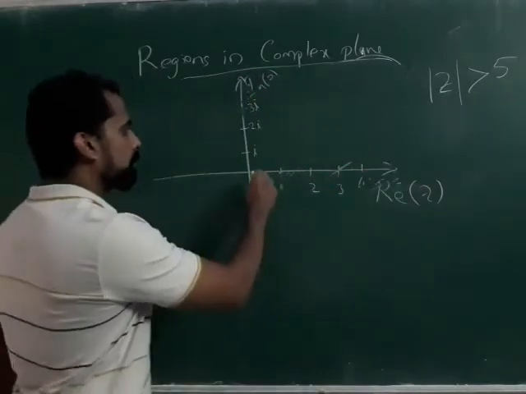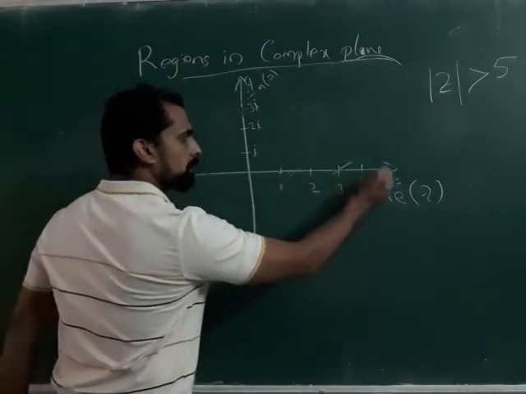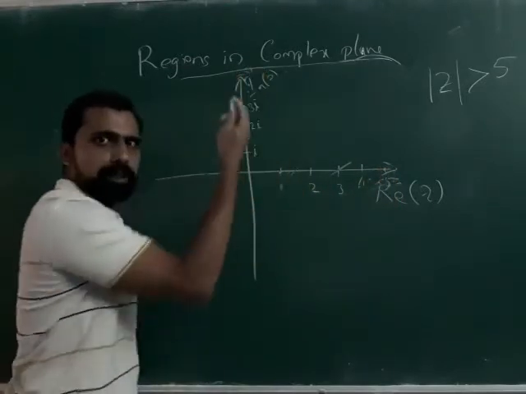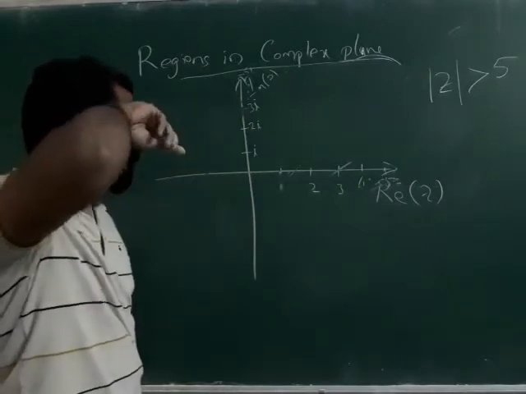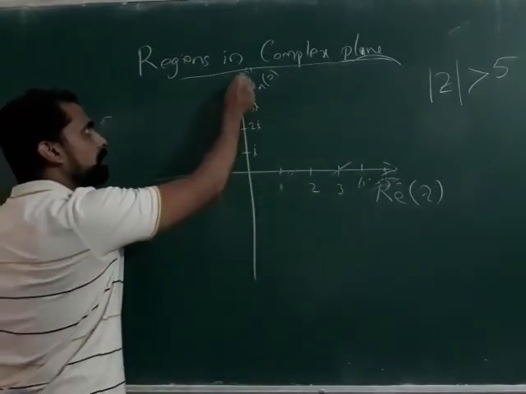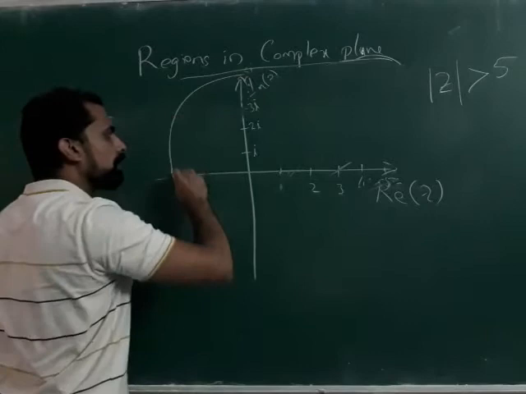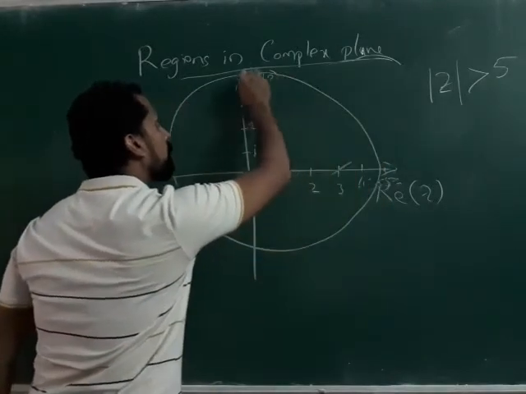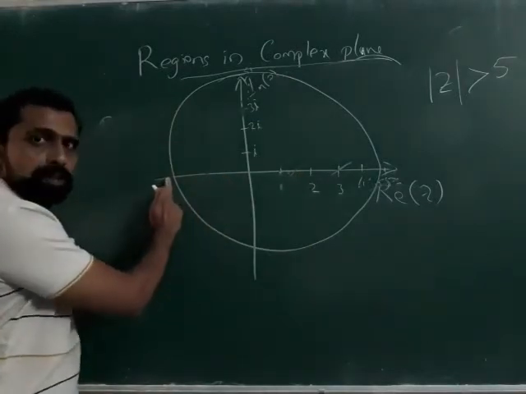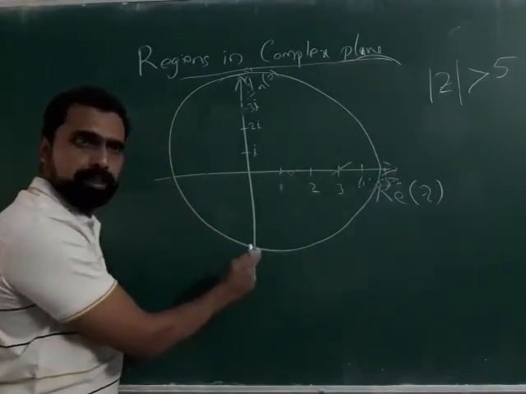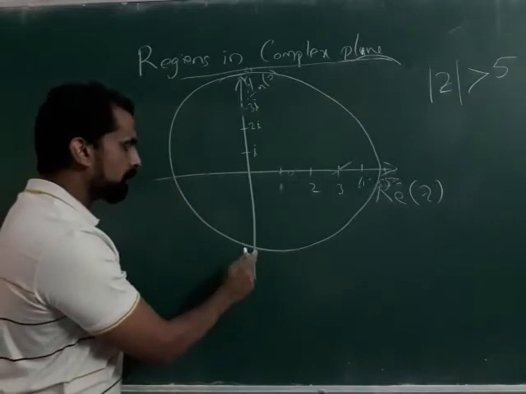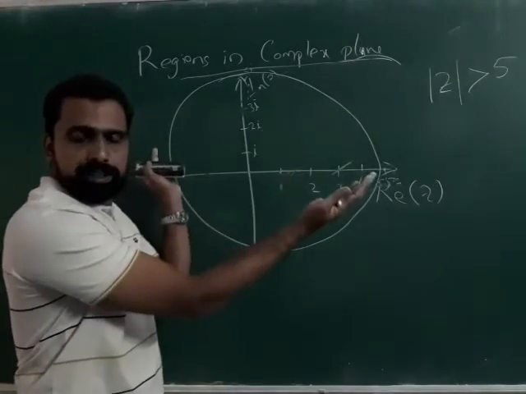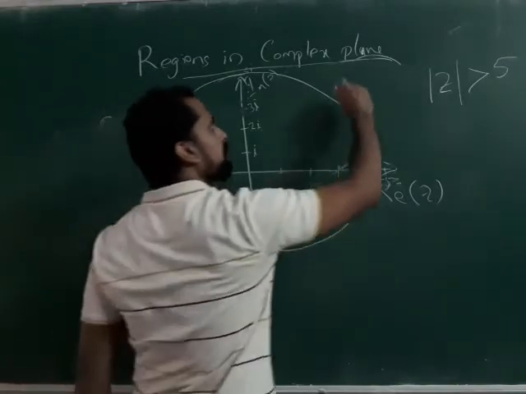Okay. So for example, here this is your 5 and this is 5I. Because my drawing is not that perfect, you just draw a circle that passes through 5, 5I, minus 5, and minus 5I, and you exclude these points and take the regions outside.